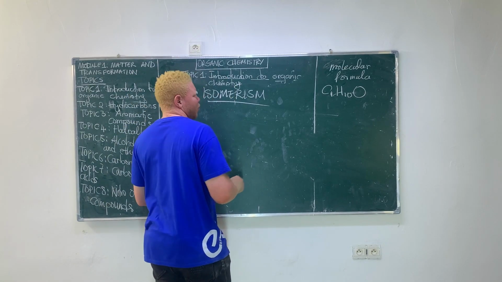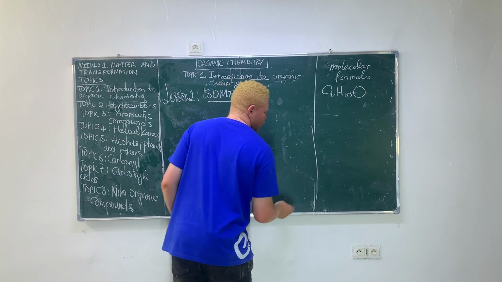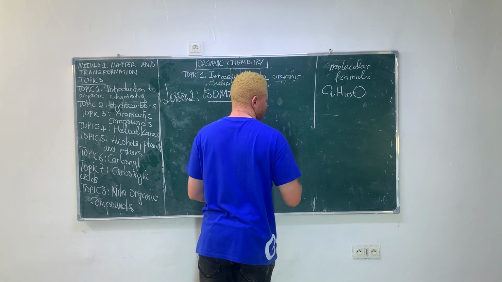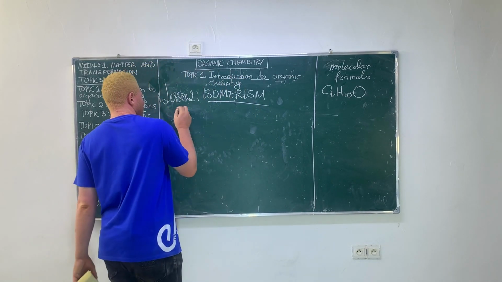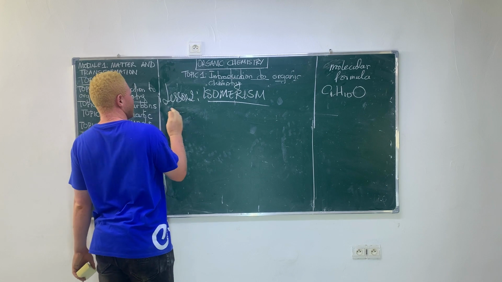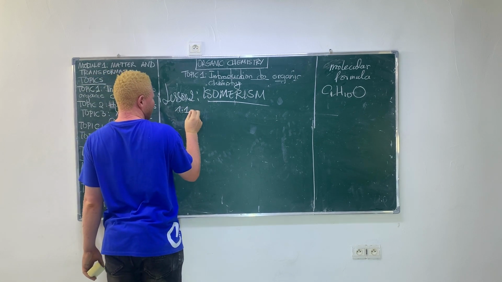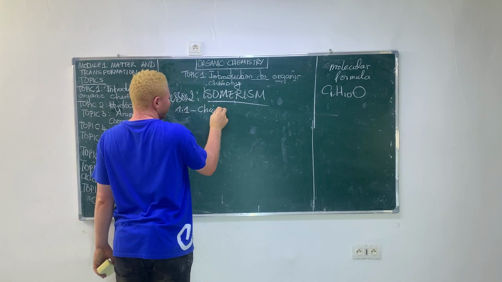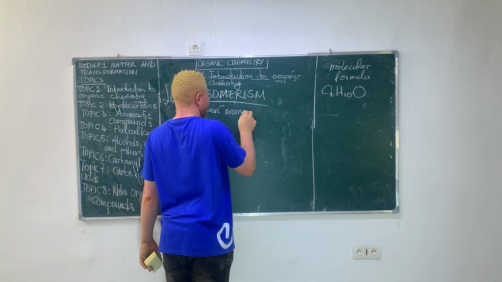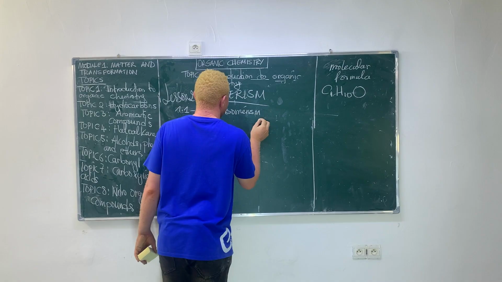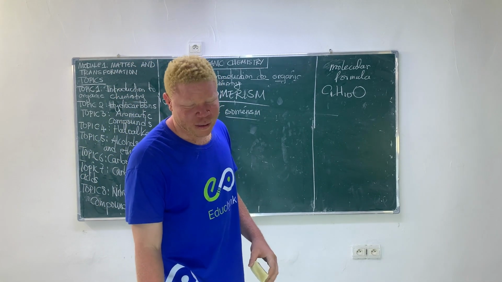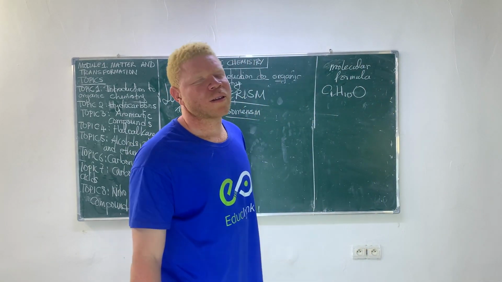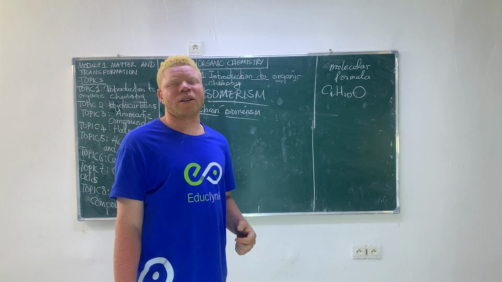So let's take chain isomerism. For chain isomerism, the organic compounds should have the same molecular formula, but the carbon skeleton is not the same.